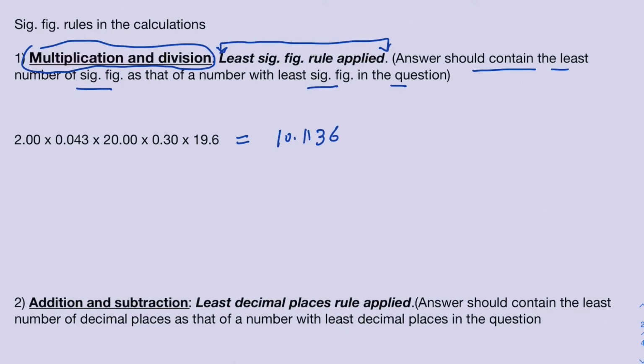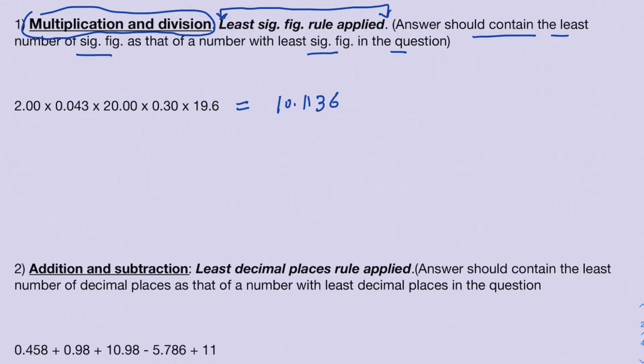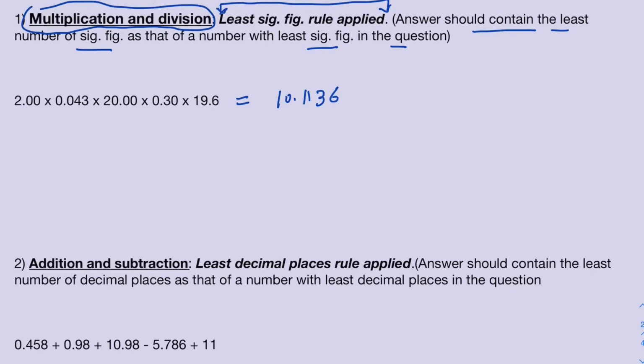When you use your calculator to multiply, divide, add or subtract, the calculator doesn't think of sig figs. It gives you the best possible answer, keeping all possible digits, including multiple decimal places. Since all you're doing here is multiplying, you have to look for the least sig figs in the question. So let's go back and figure out how many sig figs each number has. This 2.00 has how many sig figs?